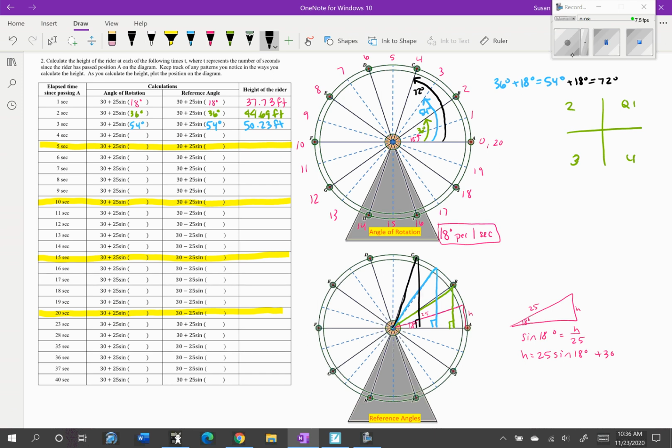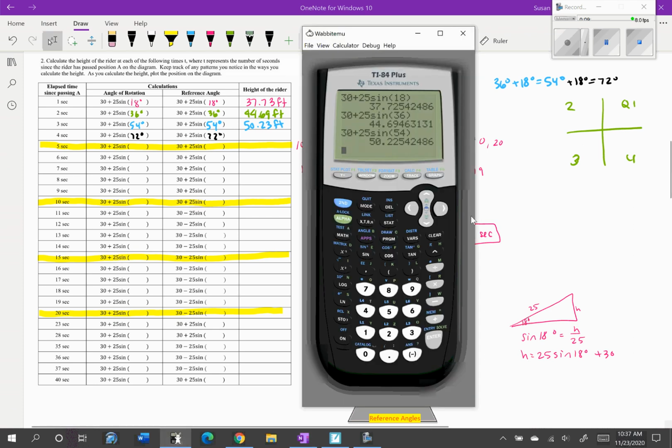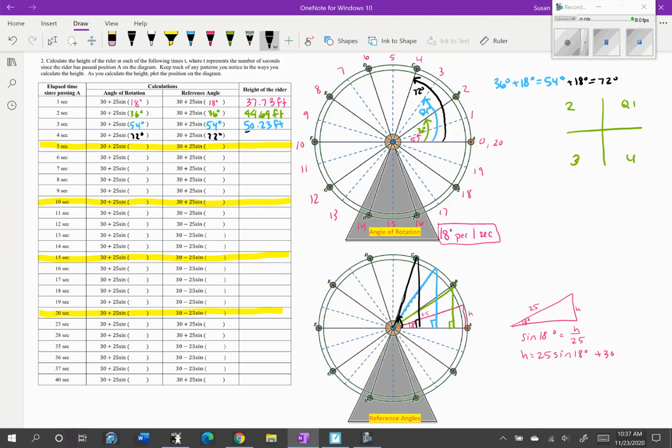So now we're using that angle from here to here as 72 degrees, which we did the other day on our Ferris wheel. So this number is going to look familiar. So if we plug in 72 degrees in our calculator, we get 53.78 feet.